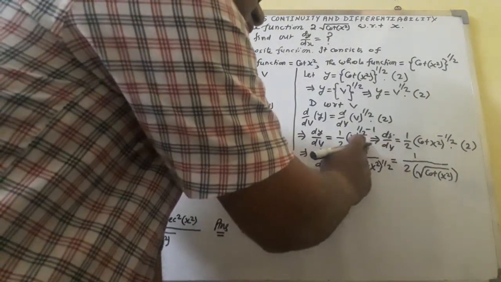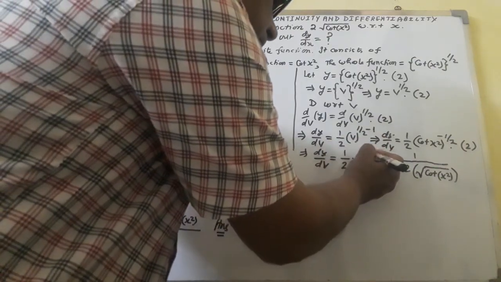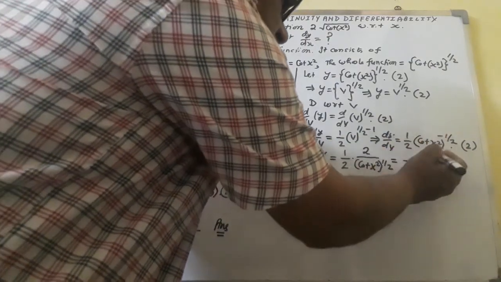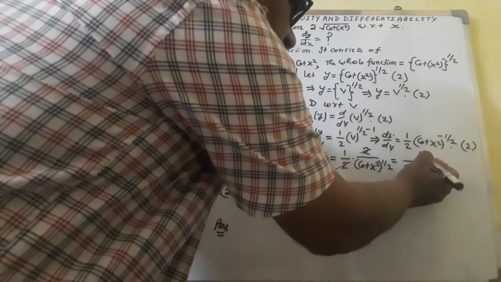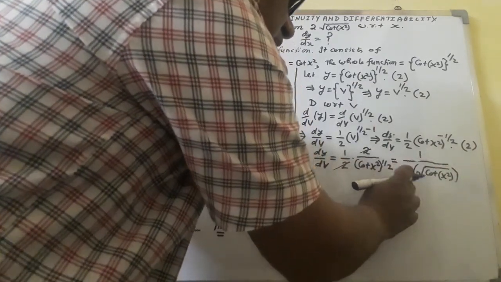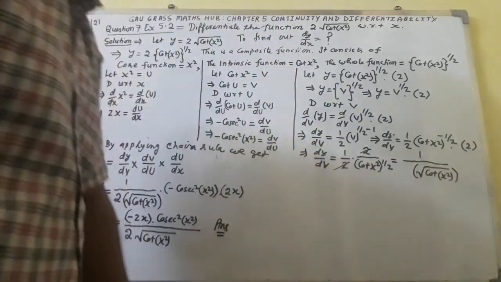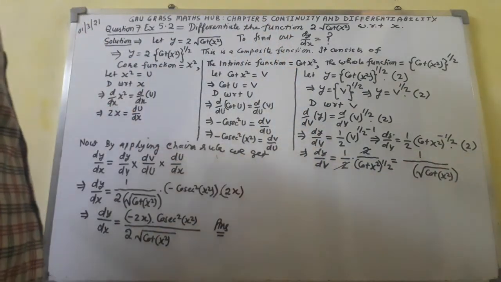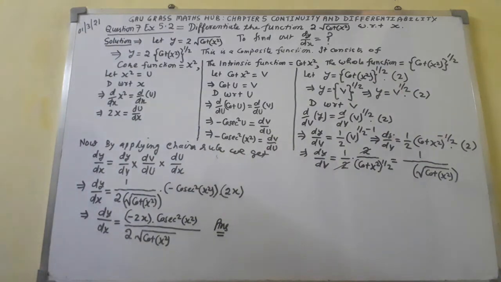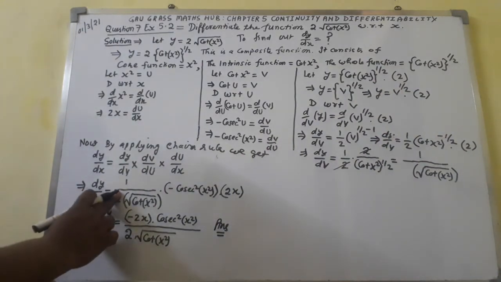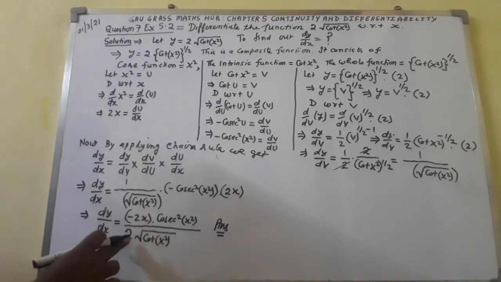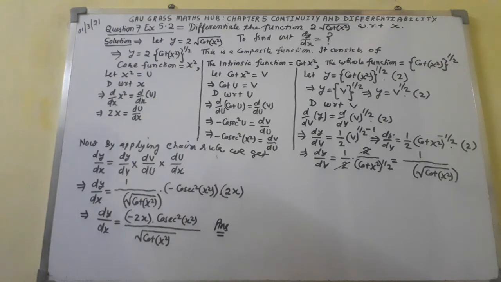And also here this 2 will be cancelled out, here you will get 1. So this will not be available here. Now I think it is correct. So where I have got, this thing will not be available. So correct answer you have got here.